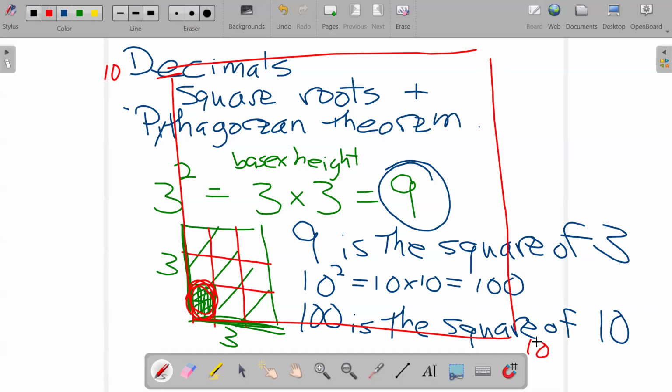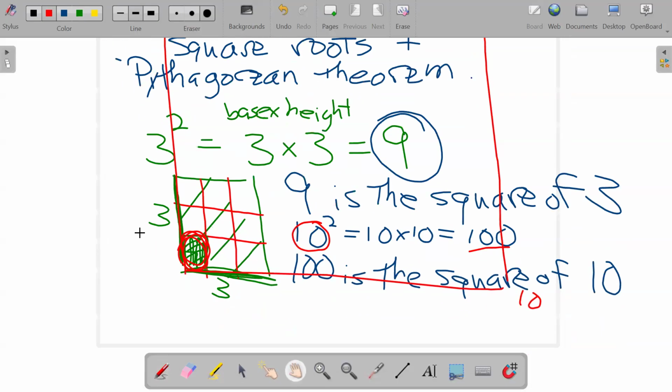Going the other way, we can say 10 is the square root of 100, because that is the number we squared to get 100. All right, so I'm going to write that down. 100 is the square of 10.